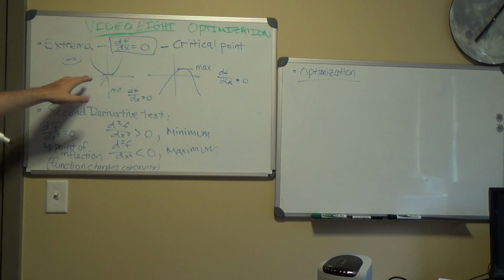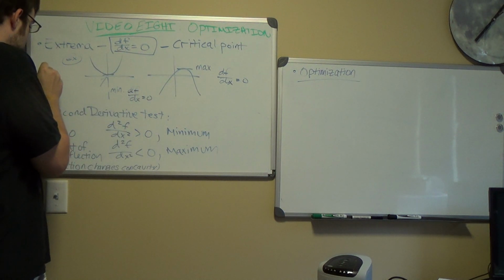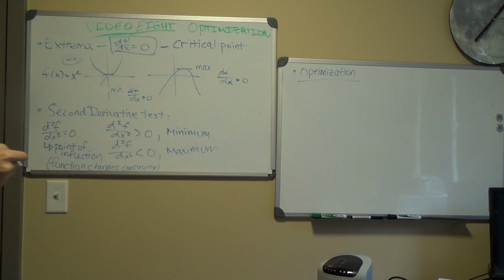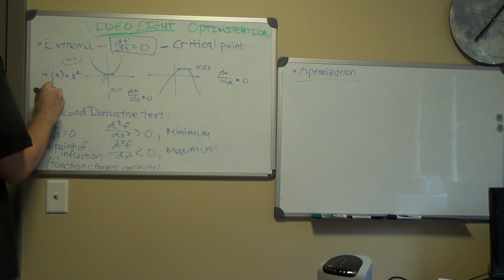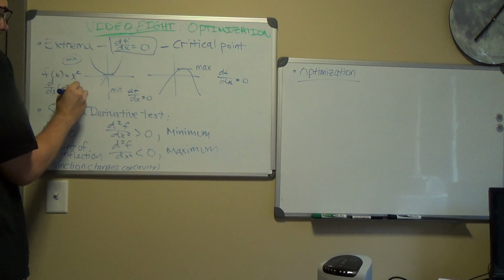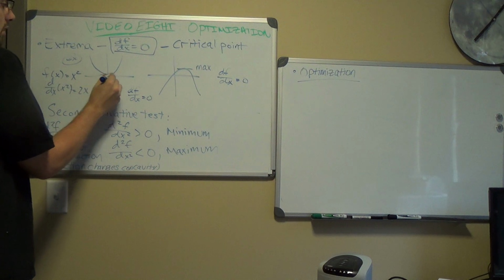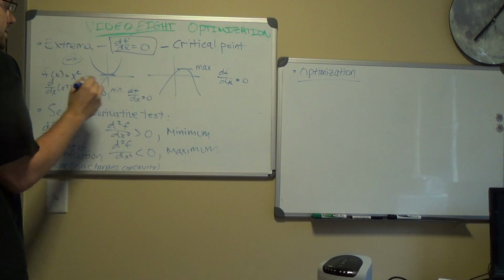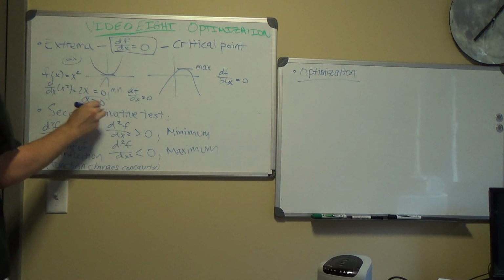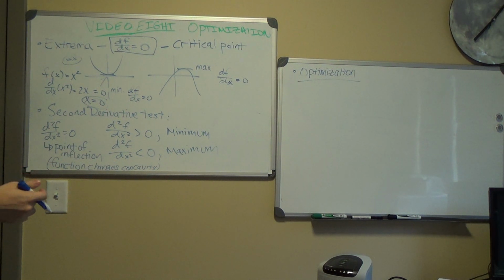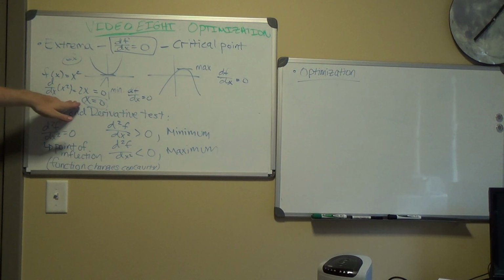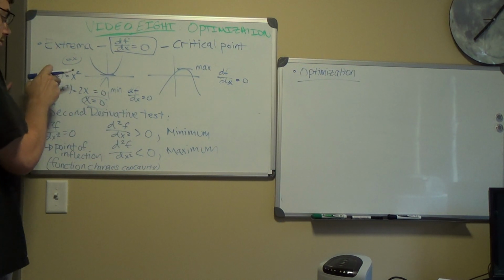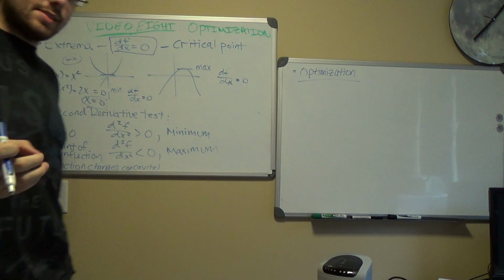For a simple example, such as the function f of x equals x squared, d/dx of x squared equals 2x, and the extremum, the critical point, is when the derivative is equal to 0, so 2x equals 0, so x is equal to 0. That's the critical point. And then from there, you can plug this into the function to determine what the output is.